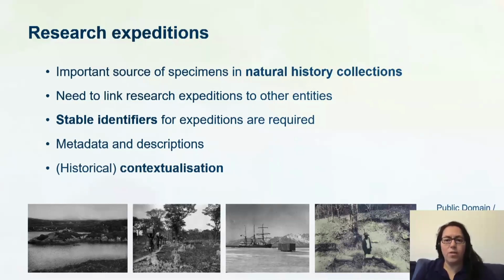To further open up and increase the accessibility of such collection data, there is a need to link historical and contemporary research expeditions to other entities, requiring the unambiguous labeling and persistent identifiers of such events. Stable identifiers for expeditions, plus the sharing of metadata and descriptions, will facilitate the linking of material distributed across museums and related research data.